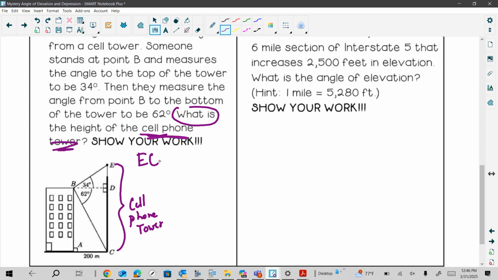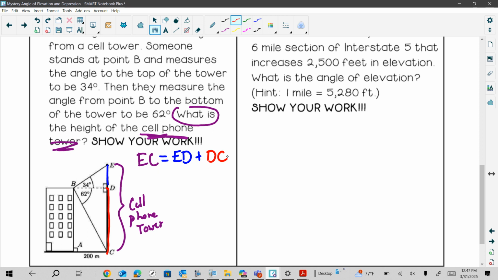EC is made up of two segments: this part ED, and also the part from D to C. So to get EC, the whole tower, you're going to have to add ED plus DC.